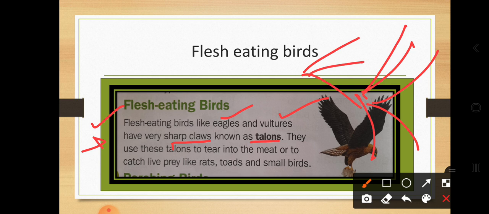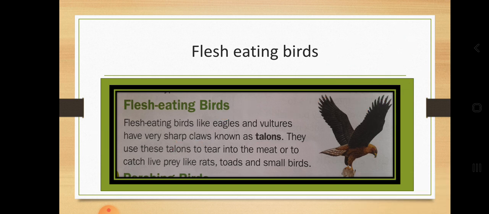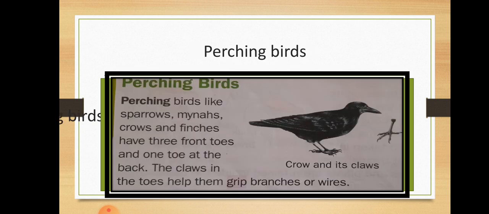Toads are nothing but small frogs. So with the help of those claws, flesh eating birds catch small animals for eating them. These are the flesh eating birds. They have very sharp claws.